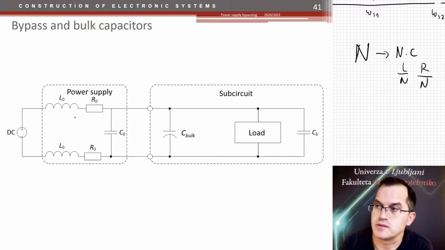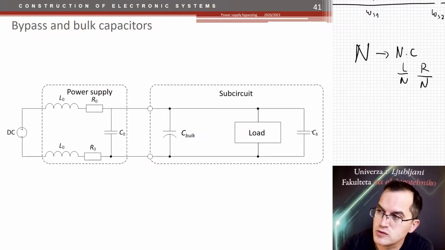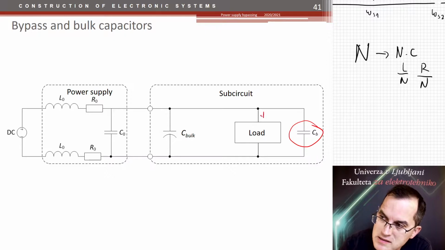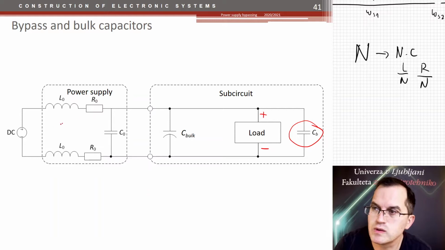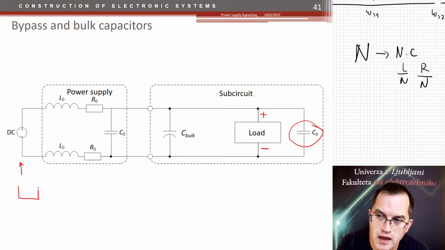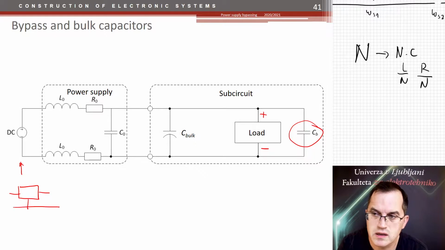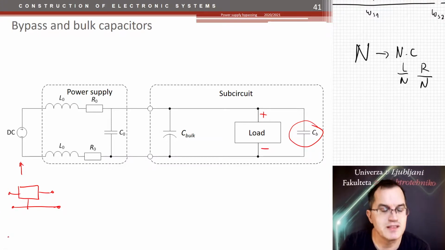What is shown here? Actually, I use the bypass capacitor to have a stable voltage here. But please note that usually what we do have, we have a voltage source here. And I showed before that the voltage source is usually a voltage source that has a very bad or not very good stabilization.